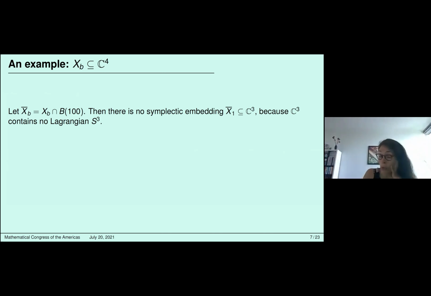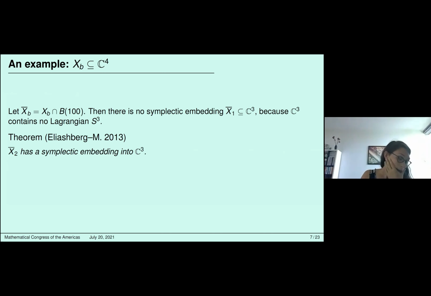Now, as I mentioned before, there's no symplectic embedding of X1 into C3 because X1 has a Lagrangian S3, and C3 doesn't, by Gromov's theorem, so one doesn't embed into the other. However, X2, and therefore all the higher Xb's, do admit symplectic embeddings into C3, which is a bit surprising.